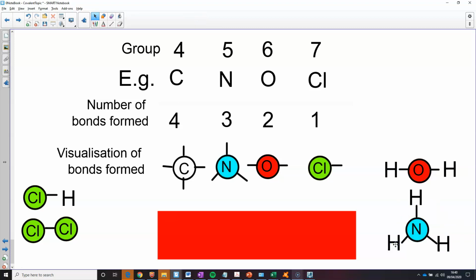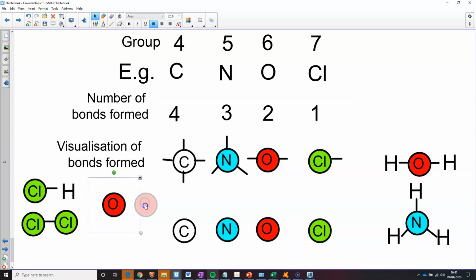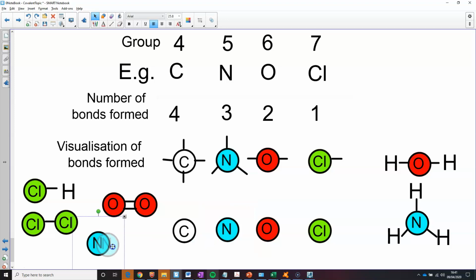We then moved on to compounds which contain double bonds. And then for oxygen, obviously we had 2 oxygens with a double bond between them. We also had 2 nitrogens with a triple bond between them, as in 3 single covalent bonds.